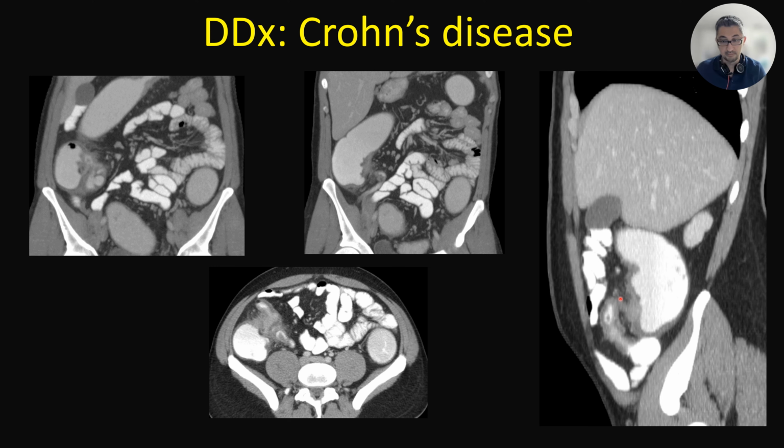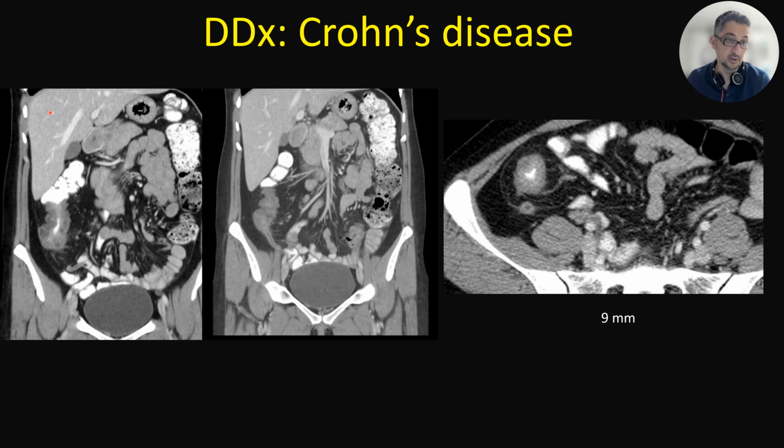There is inflammation in the right lower quadrant, thickening of the wall, but also the cecum. We can have reactional inflammation in the terminal ileum and cecum that I showed you before, but in cases with Crohn's disease, the inflammation is usually more severe in the cecum than the appendix.